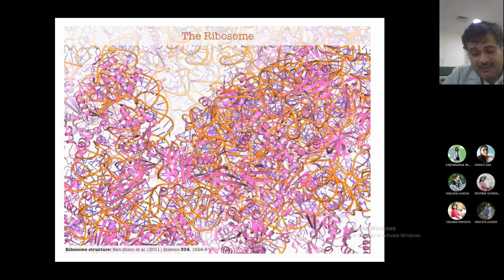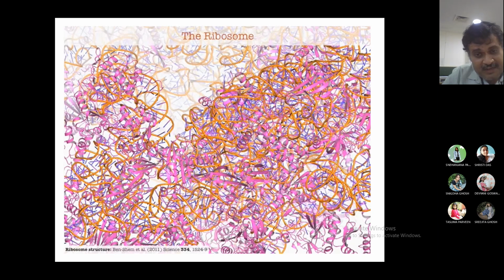The size of the structures we are solving is also increasing day by day. So we started with sodium chloride, zinc sulfate. From there we came to pepsin, trypsin, and then to hemoglobin, myoglobin, then bigger complexes like F1, F0 ATPase, which is the mitochondrial ATP synthase.